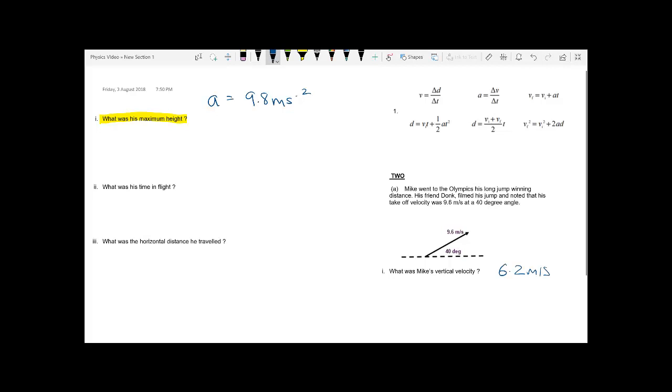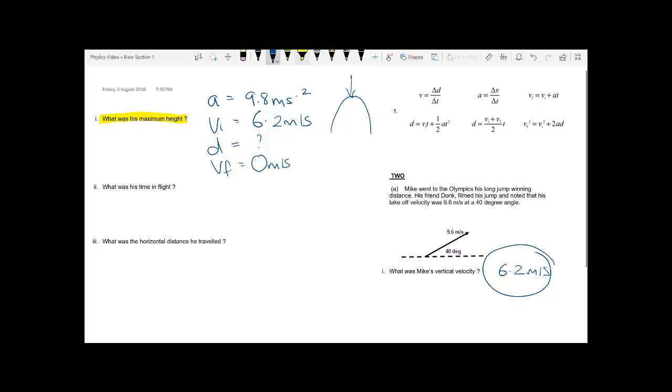His initial velocity is the one that you calculated from the original question, which is 6.2 meters per second. What other information? Obviously you want to calculate the distance. That's the unknown there. And one of the key things to realize is at the top, his final velocity is actually going to be 0 meters per second.